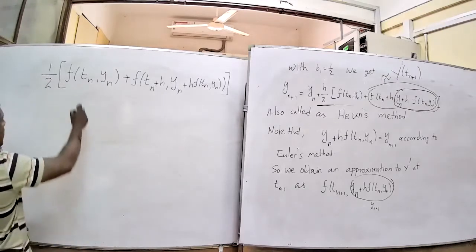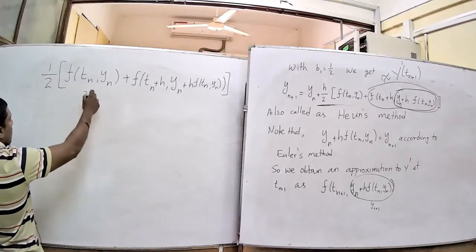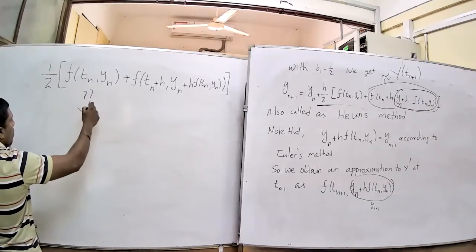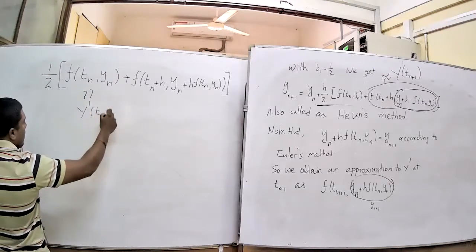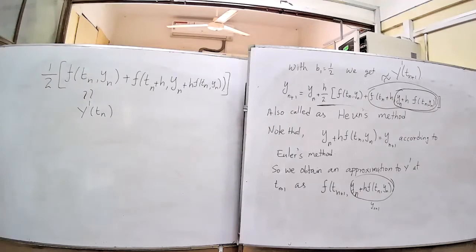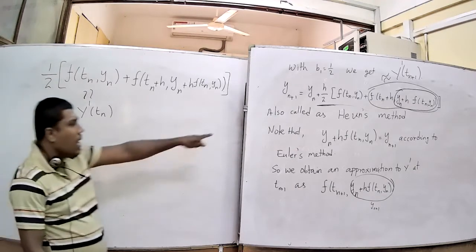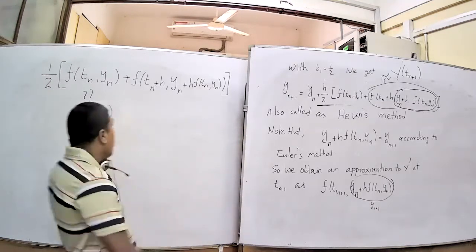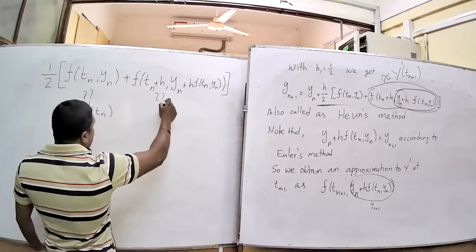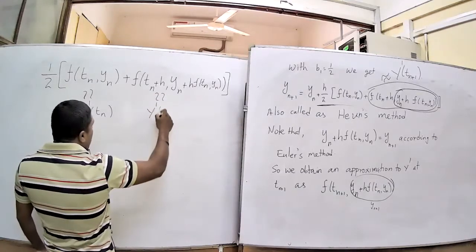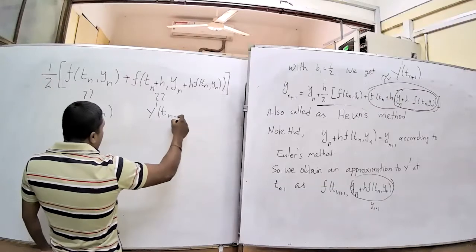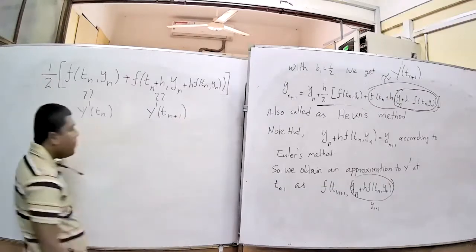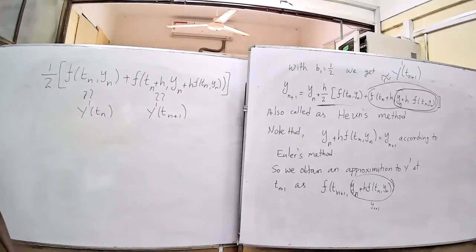So clearly this is an approximation for y prime at Tn. That is obvious. And by this argument or explanation, now you know that this is an approximation of y prime at Tn plus 1.